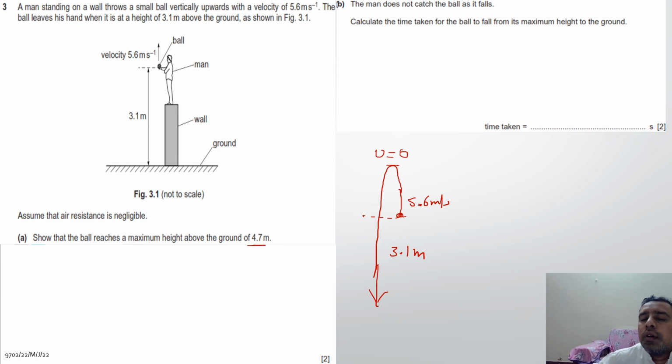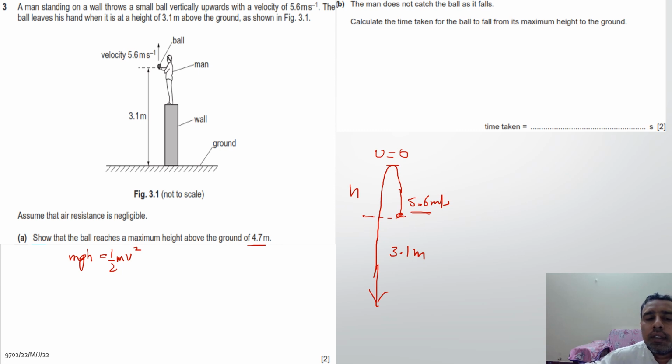So according to the given data, show that the ball reaches a maximum height above the ground of 4.7. So if we find this height h, and by adding this h with 3.1 you can get the answer. You know that the initial velocity is 5.6, meaning it has some kinetic energy. So gaining the height, this kinetic energy changes to the potential energy, meaning mgh is equal to half mv square.